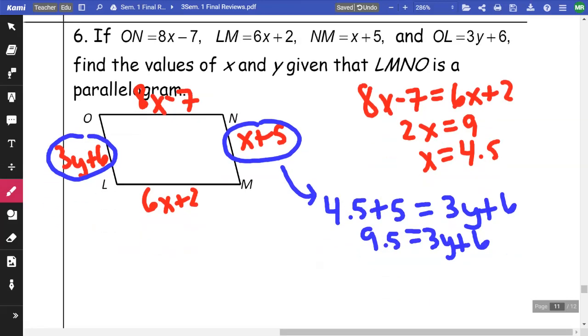I'm going to minus 6, and I'm going to get 3.5 equals 3y. And when I do that division, I'm going to get that 1.16 repeating is equal to y.